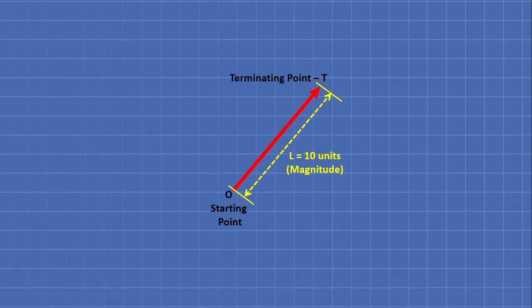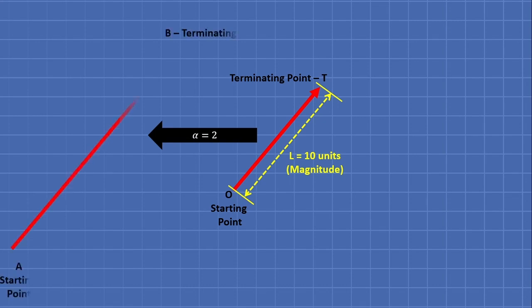So let us see. Suppose we have a vector which has a starting point O and a terminating point T. The direction of vector is shown by the arrow, and for easiness I have taken the magnitude of vector as 10 unit. So if you want to scale with the scalar alpha equals 2, then what will happen? After the scaling, our main vector OT bar will be AB bar.